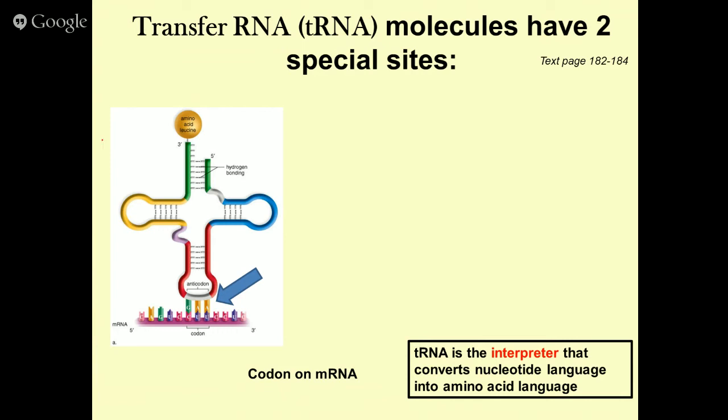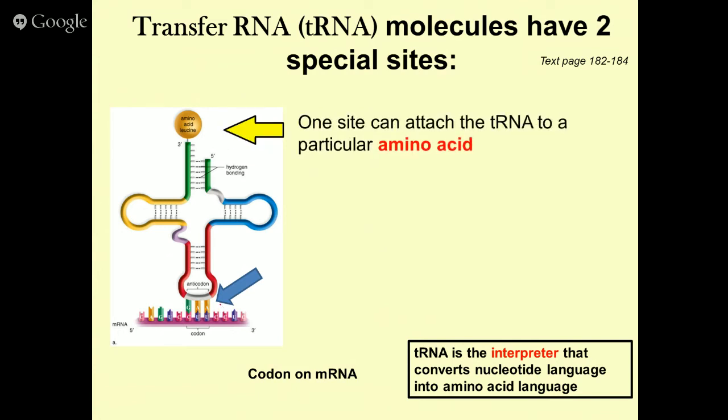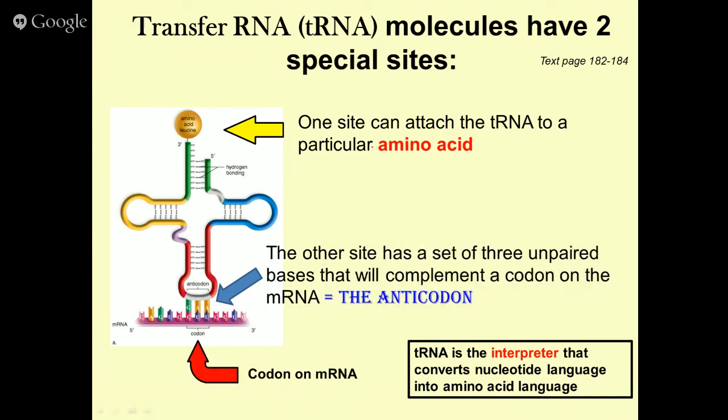So the two important parts of our transfer RNA is that one end we've got the anti-codon, and the other end we've got our amino acid. So on this side, here's our amino acid attached to our transfer RNA. And then down the other side, we have the anti-codon. And remember, the anti-codon is going to be complementary to the codon. So see here we had CUU, and the anti-codon is GAA, right?